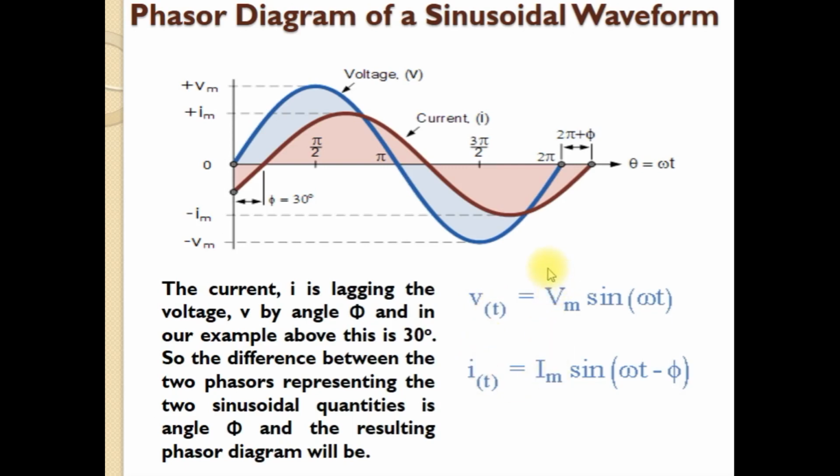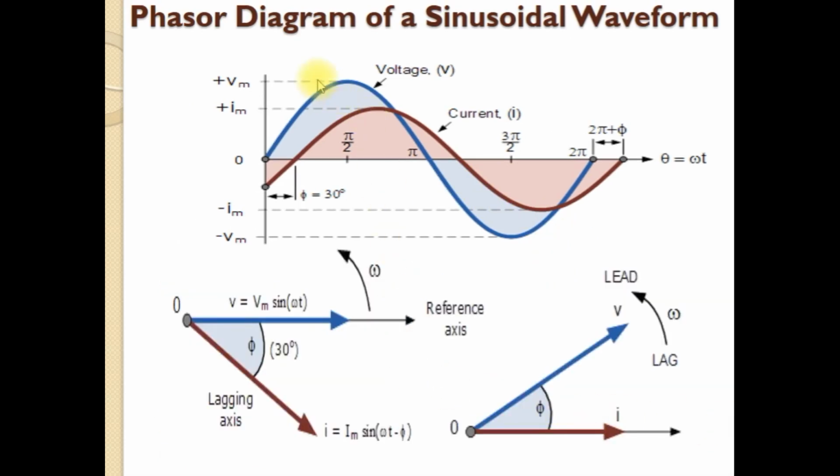Now let us see how these two waveforms can be represented on a Phasor diagram. Here you can see that these are the two waveforms under consideration. Now if you take the voltage phasor corresponding to the voltage signal Vm sin omega t as the reference, the length of this reference phasor will be proportional to the maximum value of the reference waveform.